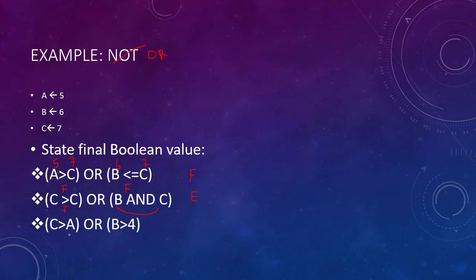Now C greater than A, 7 is greater than 5, this will give me true. Now we are ORing with B greater than 4. 6 is greater than 4, yes, so true. Now error OR true will give us true because one of the expressions here gives rise to true.